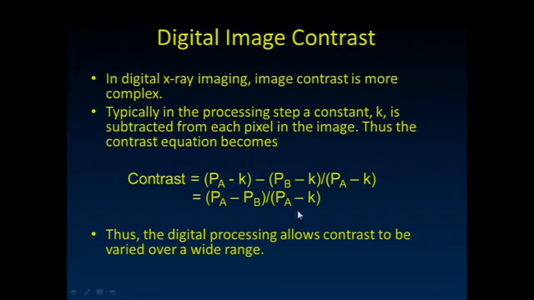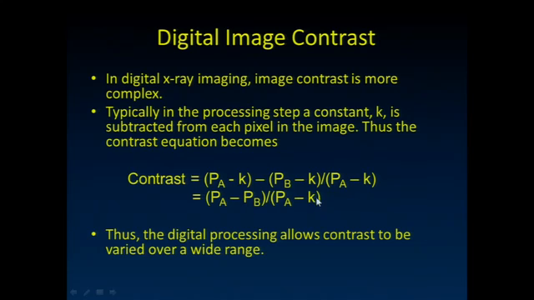So remember that equation that I showed you? In digital imaging, when the tech is preparing your image for you, they actually subtract this arbitrary constant K from the pixel value here in the background and then again here. And if you'll notice, these K's will cancel each other. And so notice now you end up with this equation for contrast that has this constant K in it.